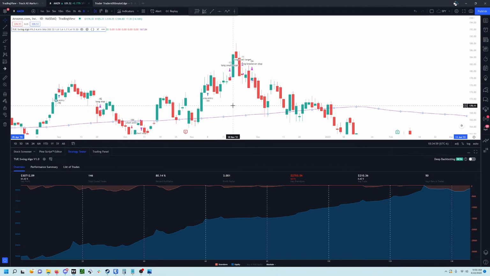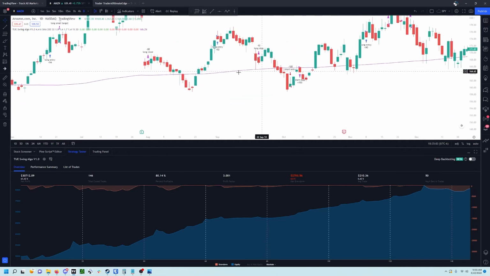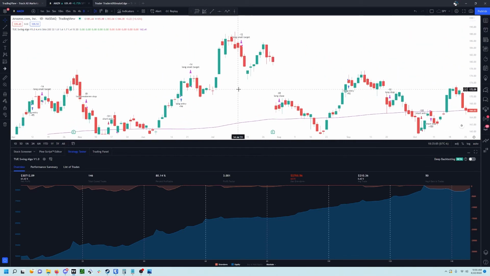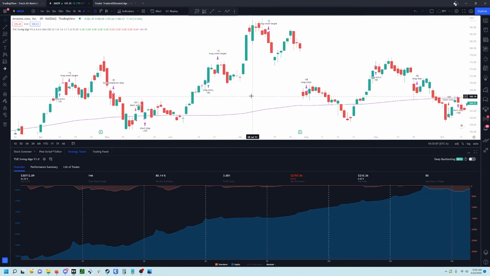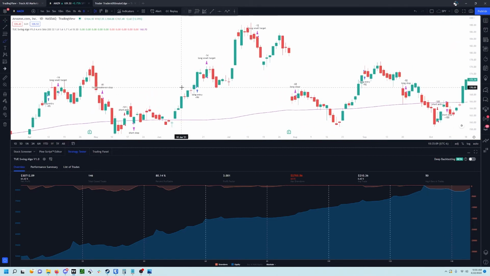So when it finds an area to take profit, it will pull a little bit of the position off. This is to help gather profits as it moves up. Look at this one. We entered here, we took profits way up there, and then it came down and it stopped out, just a little bit below its entry, actually. But it had already taken off a bunch of shares, so that was probably a profitable trade. And that's why we do that.